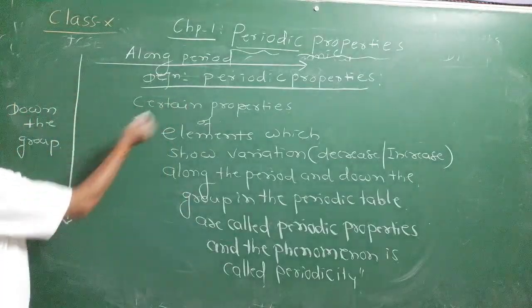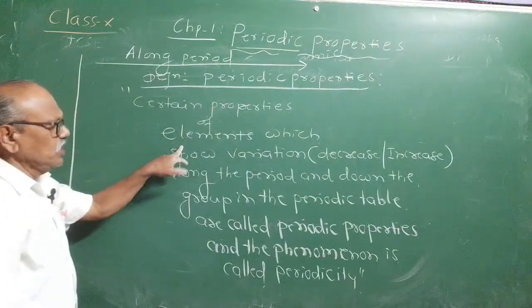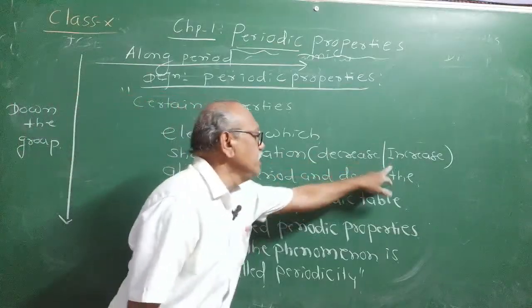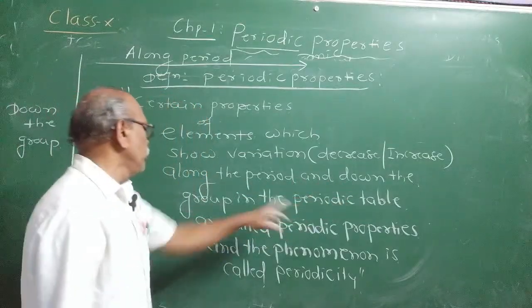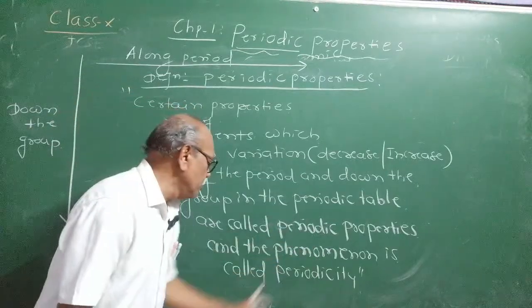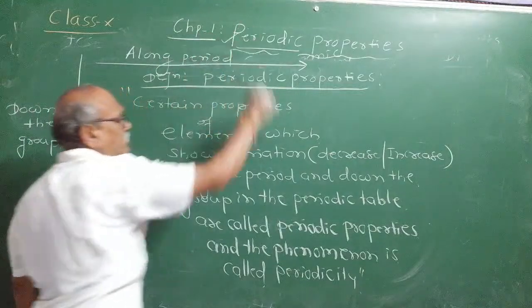See, how is periodic property defined? Certain properties of elements which show variation, either decrease or increase, along the period and down the group in the periodic table are called periodic properties, and the phenomenon is called periodicity. Hence, the table is called the periodic table.